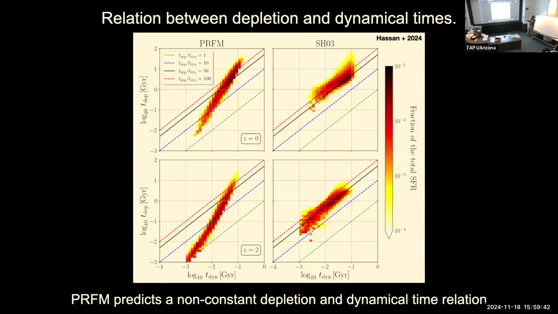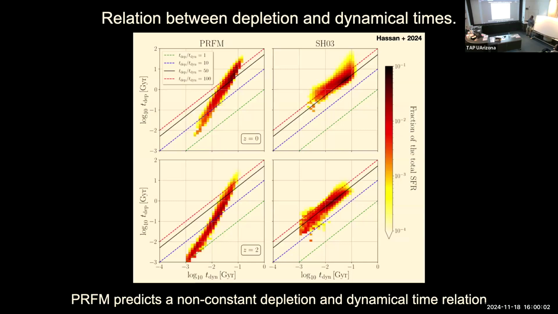And then let's look at here, right? So Springel and Hernquist really follows this constant relation, right? So the depletion time is really correlated to the dynamical time by 1% or 10% or whatever. And it's because Springel and Hernquist was initially tuned to this relation. So it's no surprise that it matches this relation very well.